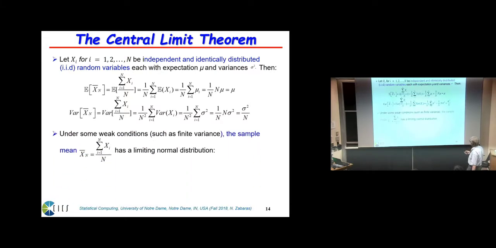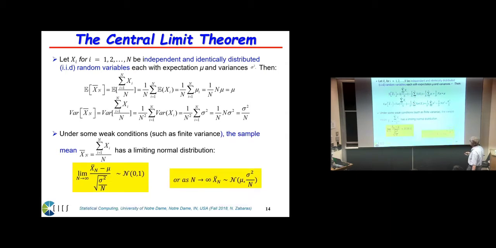So remember those things. Using them, the central limit theorem says that as n goes to infinity, xn follows a Gaussian distribution with the actual mean and a variance sigma squared over n. What you need to appreciate here, if you haven't thought deeply about these things, is that the actual x's come from any distribution that has a mean mu and a variance sigma squared, but the sample mean always follows a Gaussian distribution.